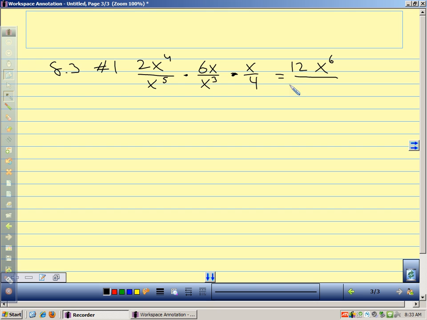And in the denominator, I get 4x to the 8th. 5 plus 3 is 8. And all of these cancel, and that leaves me with a 2 here. And I get 3 over x squared.